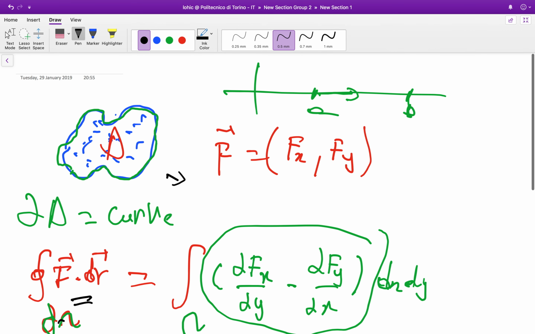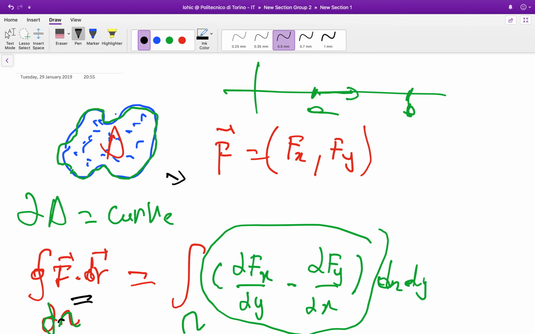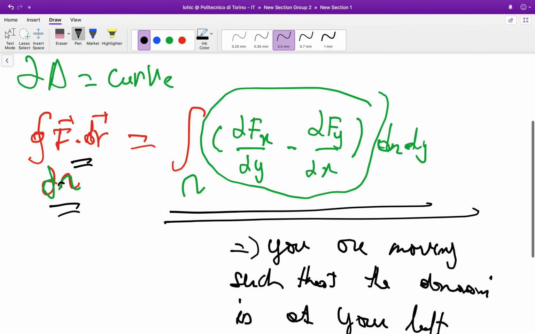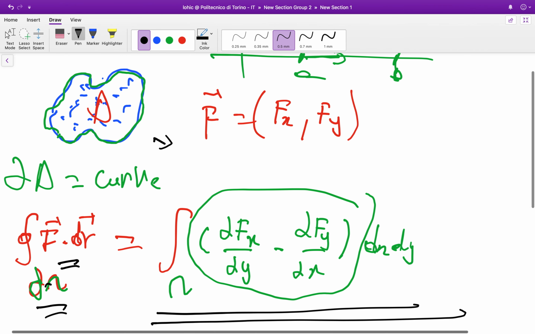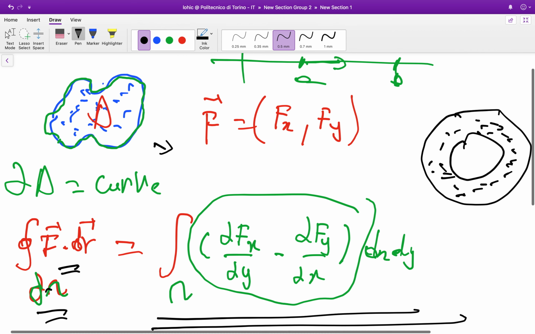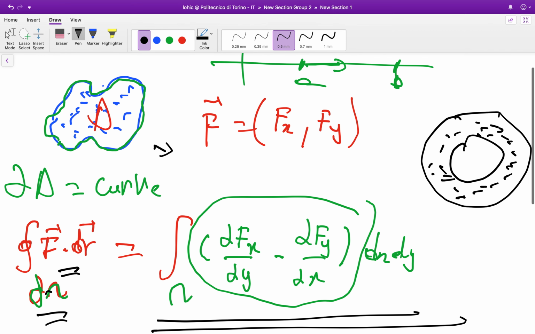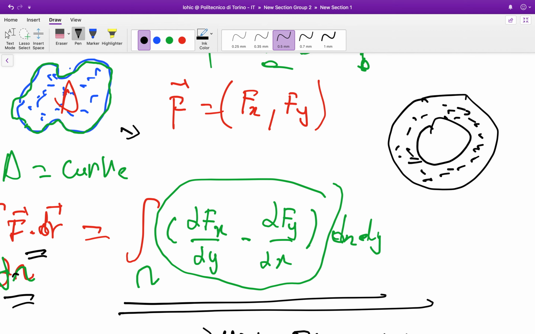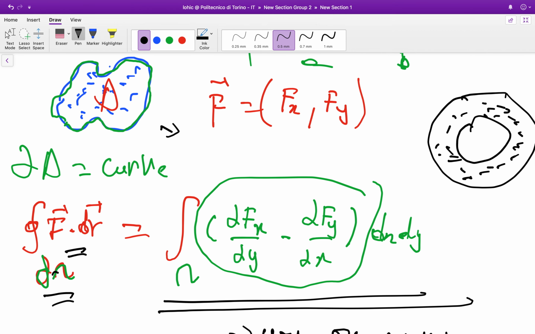Typically, for normal domains without holes, to have the domain on your left you should move counterclockwise.